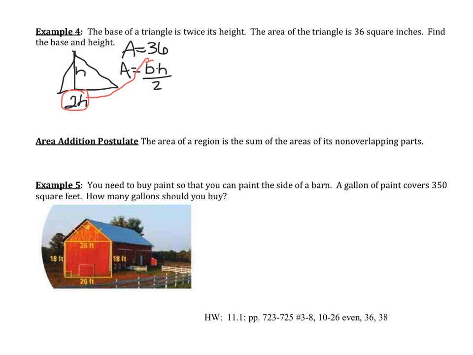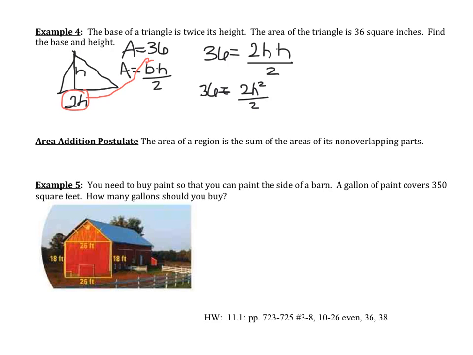So when I do that, I've got my area, which we said is 36, is equal to my base, which is 2H, times my height divided by 2. I'm going to go ahead and simplify the top part of my fraction. So I've got 36 equals 2 H times H, which is 2H squared, divided by 2. Now from here, I can see, okay, I could multiply by 2 to get rid of that bottom part of my fraction, but 2 divided by 2 is just 1.